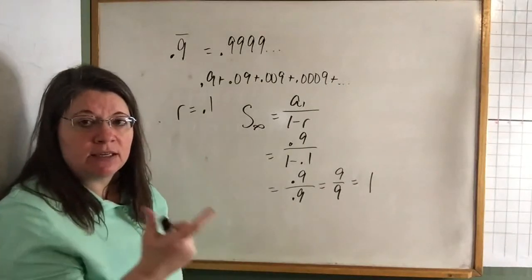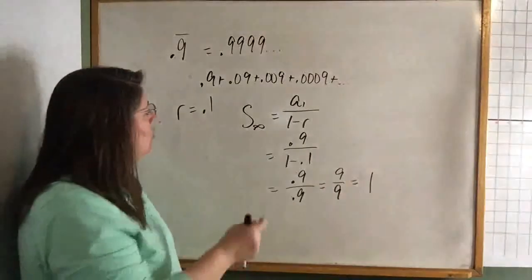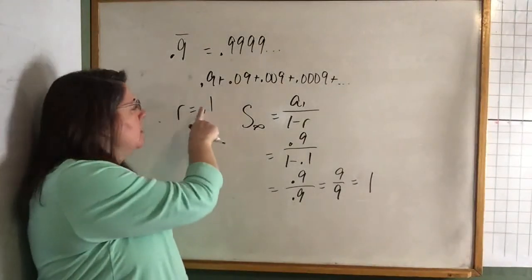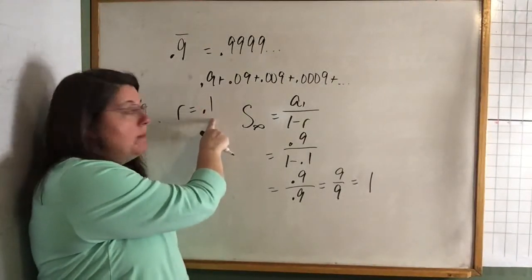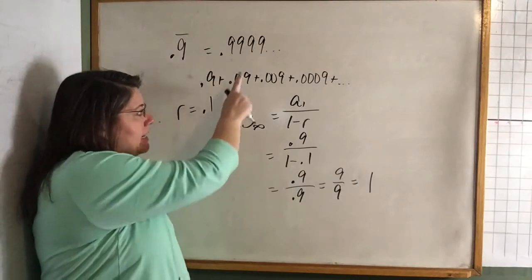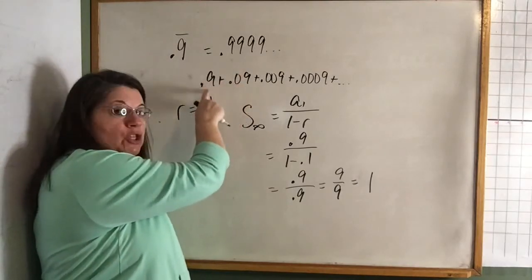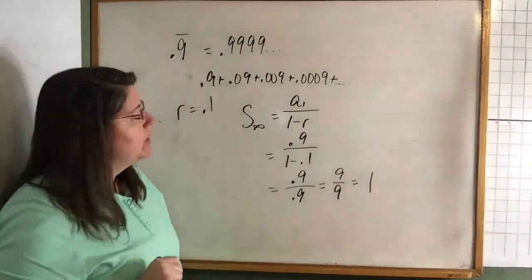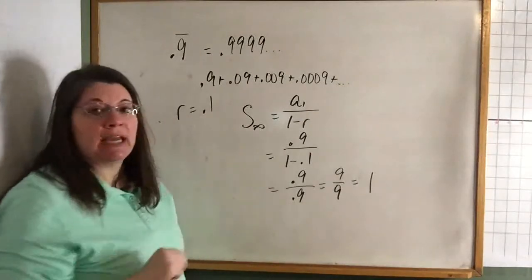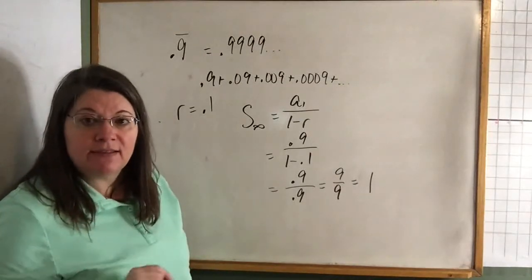So this is an infinite series with our R value being 0.1. I get that R value by dividing a term by its previous term. That gives us 0.1, which is between -1 and 1, so we're allowed to say that this is an infinite series.